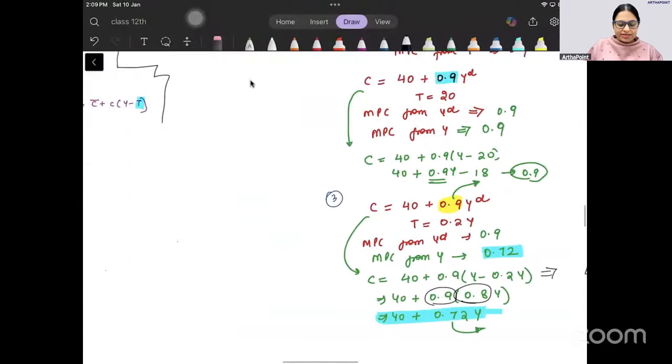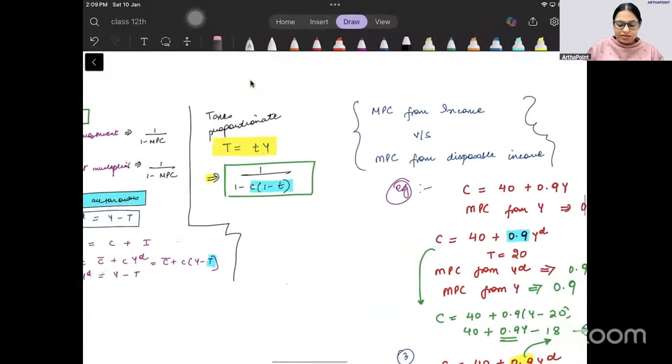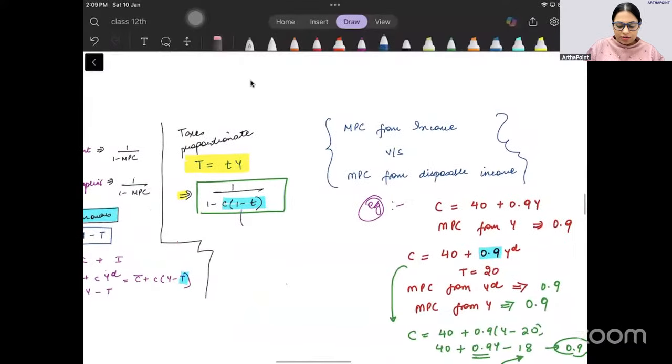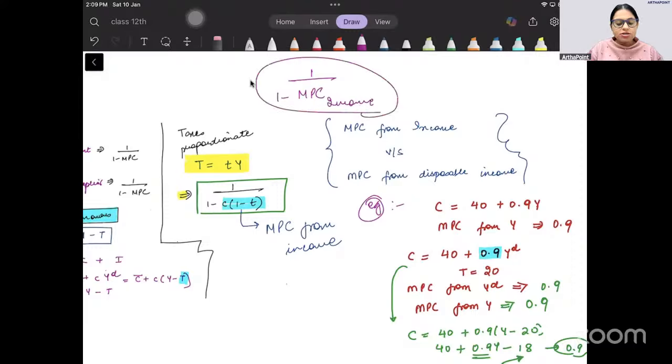So can I say that this is the marginal propensity to consume from income? Is it clear? So in the multiplier we are writing 1 minus marginal propensity to consume from income, not disposable income, but from income. Is this concept clear? Okay.